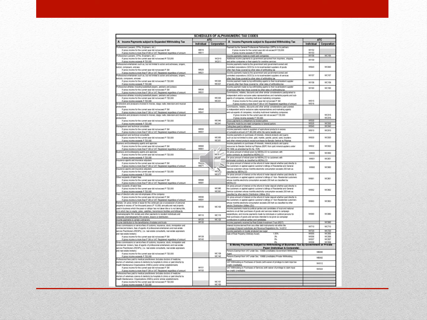In the previous page, in the front page of Form 2307, the payee is the supplier or the seller of goods or services, and he's the one whose income payment will be withheld with a specific rate per type of transaction or per type of taxpayer.